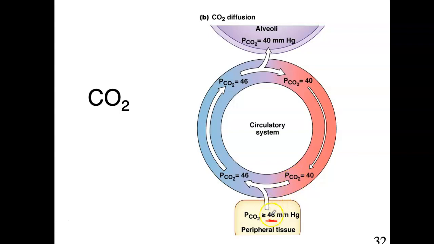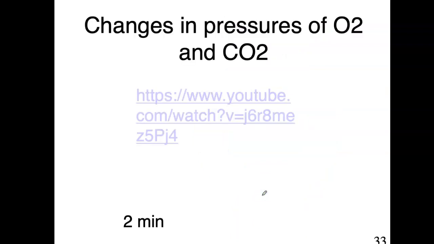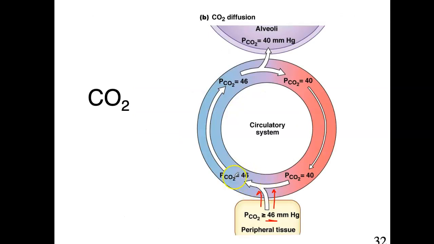So 46 being higher is going to be able to move some of that CO2 into here until that too reaches 46, and then it can't move anymore. So now we have this higher CO2 pressure. Ordinarily in arterial blood it's about 40, and here it's at 46.